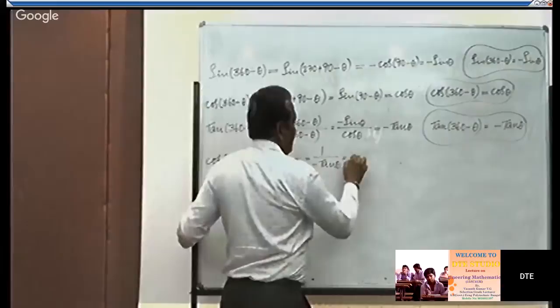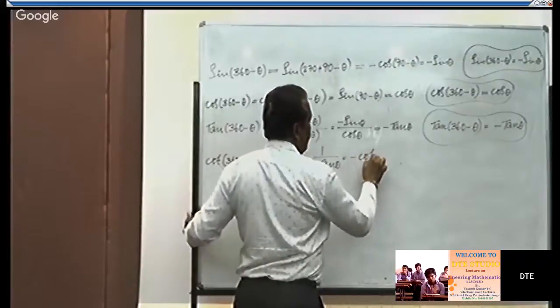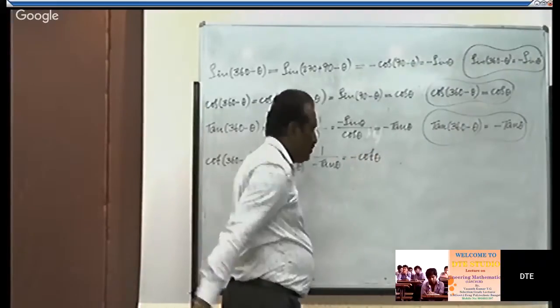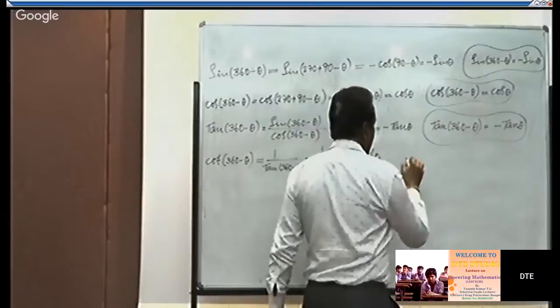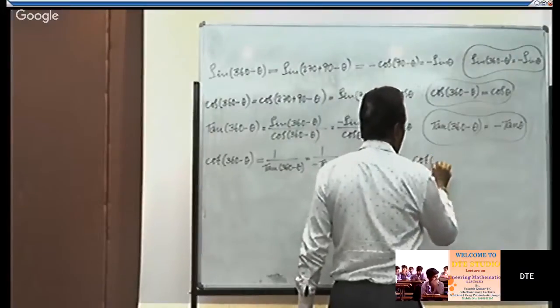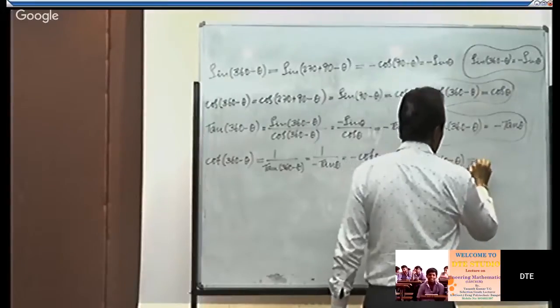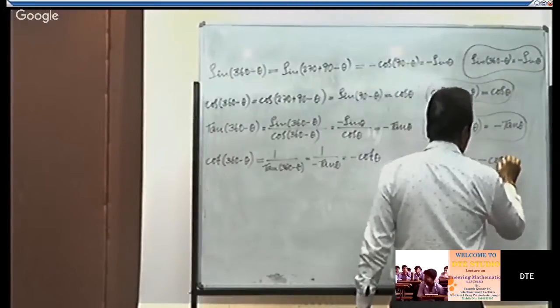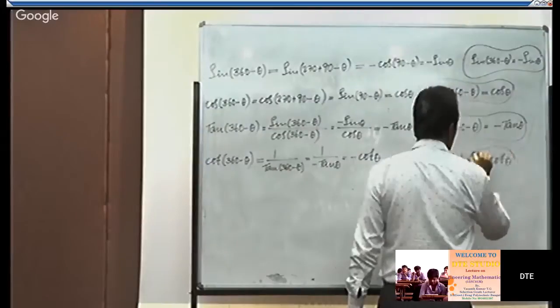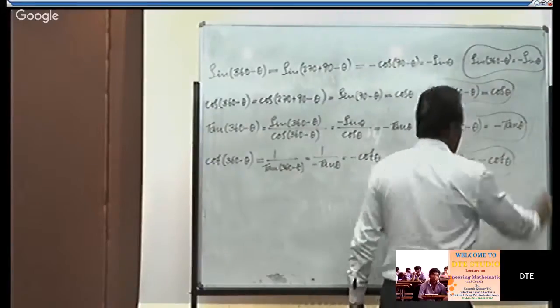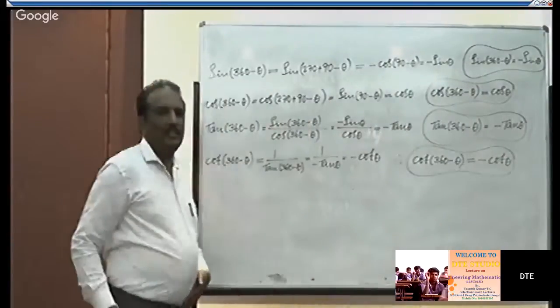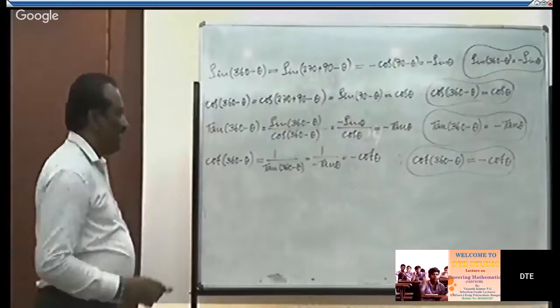Then this is minus 1 by tan theta. We know that it is cot theta. Therefore, the conclusion is cot of 360 minus theta is always equal to minus cot theta.